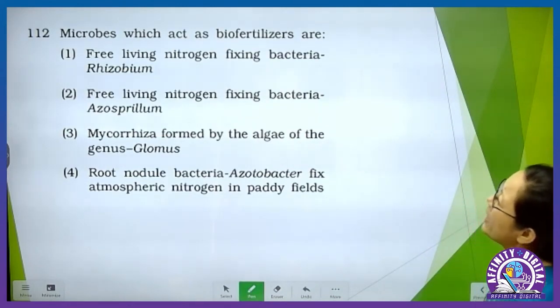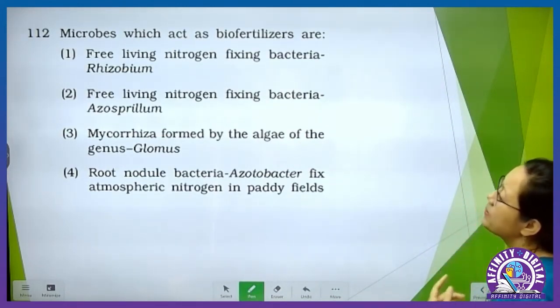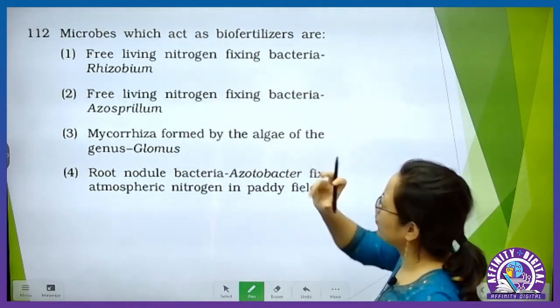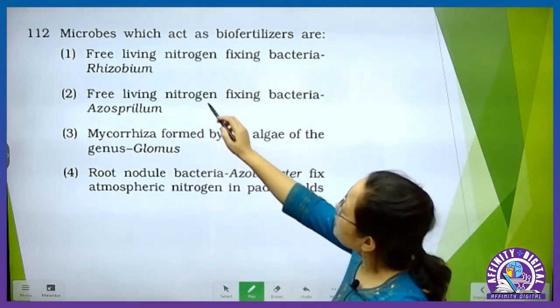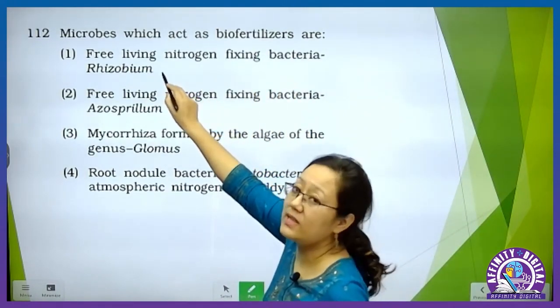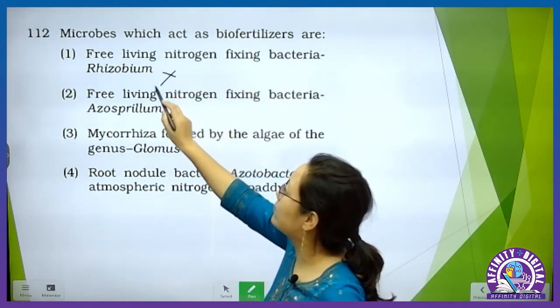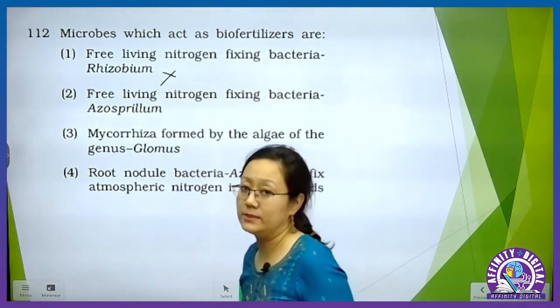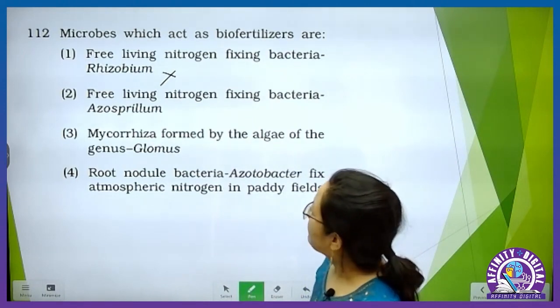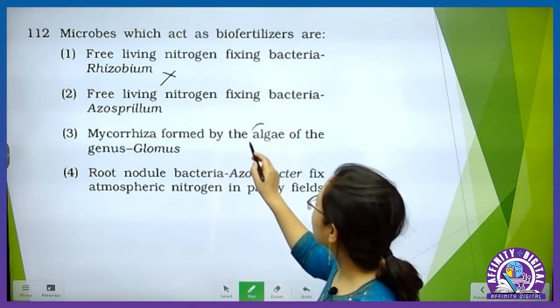Okay, microbes which act as biofertilizer are. This type of question is a little bit tricky. We have to think it properly. Free living nitrogen fixing bacteria, Rhizobium. Rhizobium fixes nitrogen, but it is not free living. Rhizobium has symbiotic association with the Leguminosae family. Mycorrhiza formed by algae.